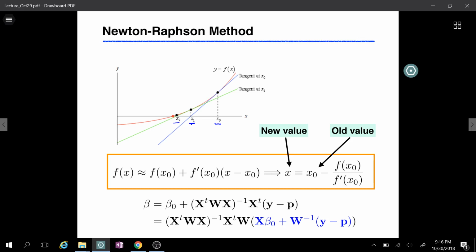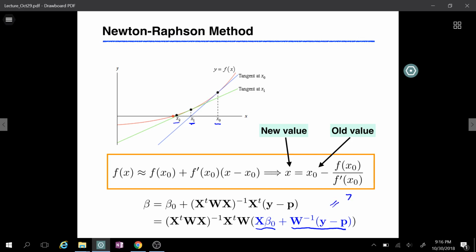What's interesting about this expression is that you already have the current value beta 0, and X times beta 0 is the current fitted value, plus sort of weighted residuals, because y is what you observed and p is the probability you estimated. So you look at the difference, you do some weighting, and the blue expression is basically a vector.